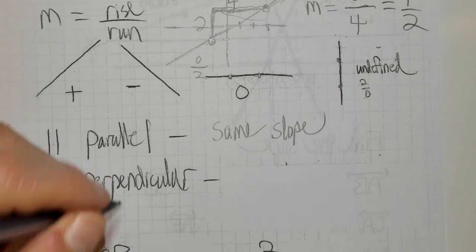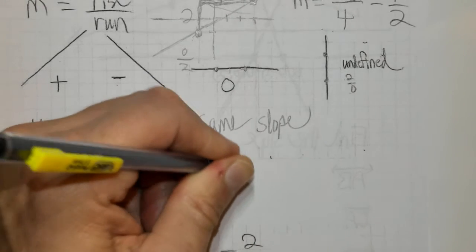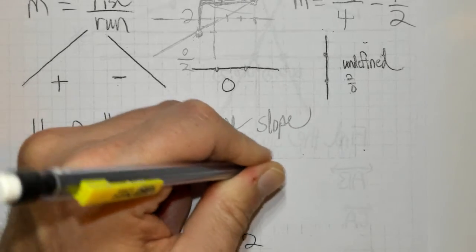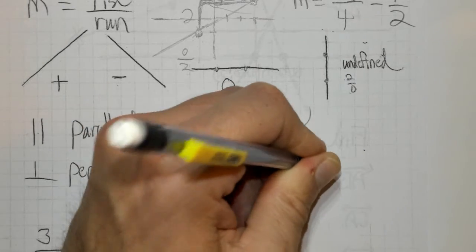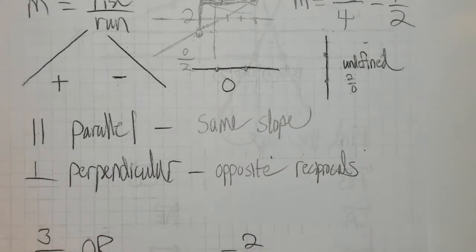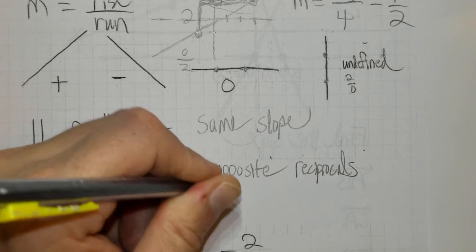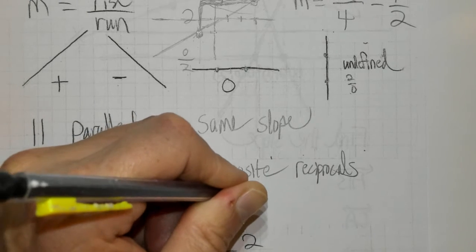Now, perpendicular lines have slopes that are called opposite reciprocals. Opposite reciprocals. So opposite means different signs.